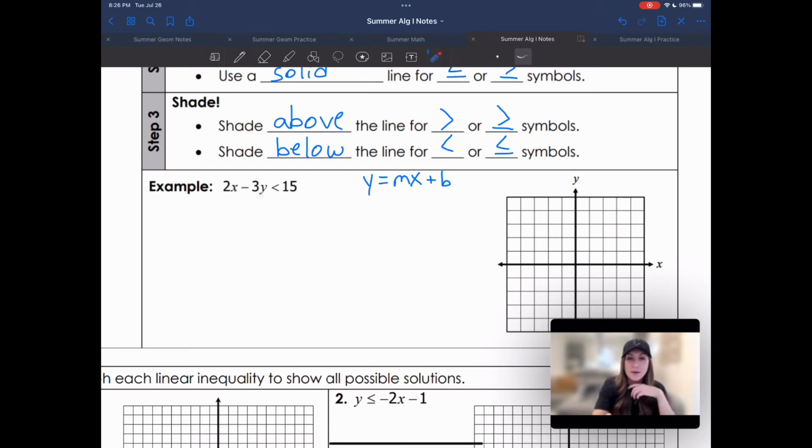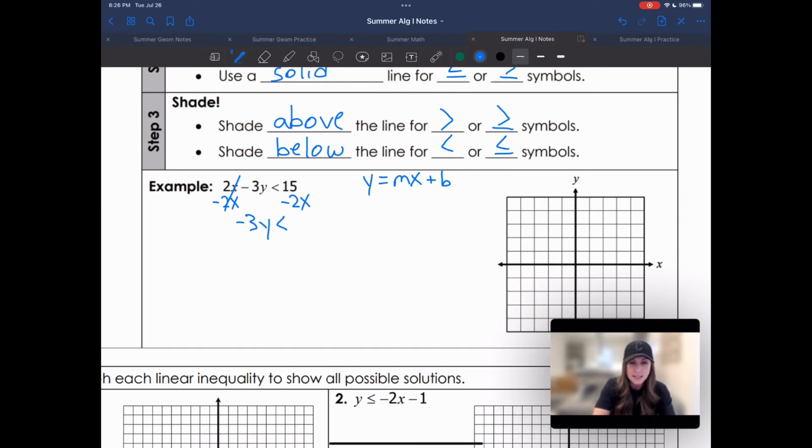Now, I want this y by itself, so I want to get rid of the 2x first. So to move all of 2x over, I subtract 2x from both sides. So that's going to cancel. I'm going to get negative 3y is less than, and subtracting doesn't flip the sign. Make a note of that. It's only if you multiply or divide both sides by a negative number.